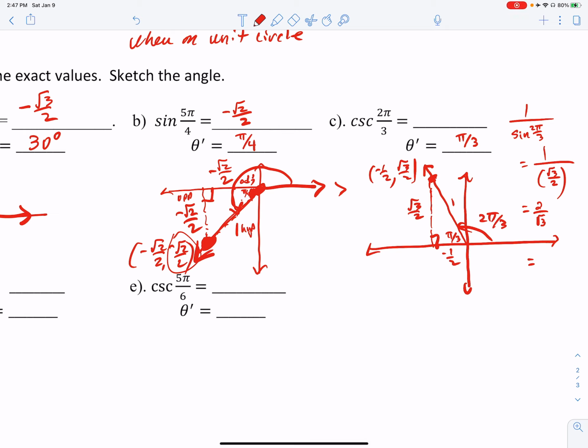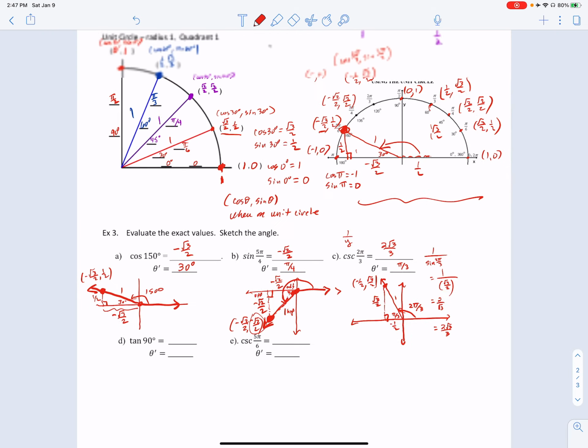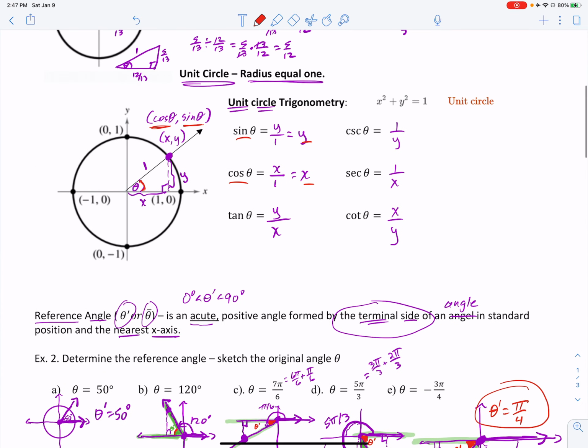And so multiply by root 3 over root 3, and you get 2 root 3 over 3. And that is your cosecant of 2 pi thirds. So cosecant's definition is going to be 1 over y, which we saw earlier, because this is a reciprocal of sine. And if we went back to the beginning here, that's what we said cosecant is when you are on the unit circle.